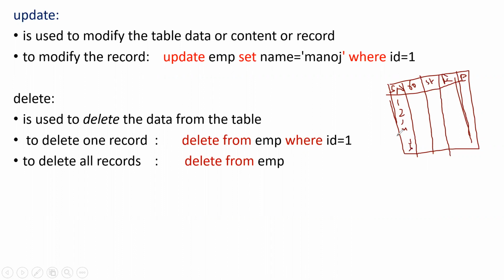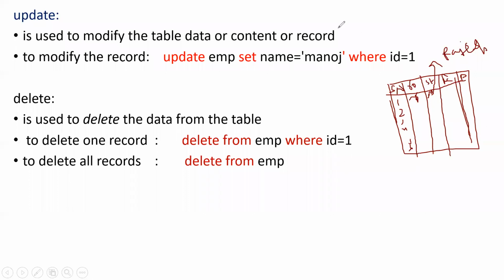Now there is a chance the name is misspelled. For example, for roll number 1, actually his name is Mahesh, but instead of Mahesh, it is Rajesh by mistake. And how can we change that?